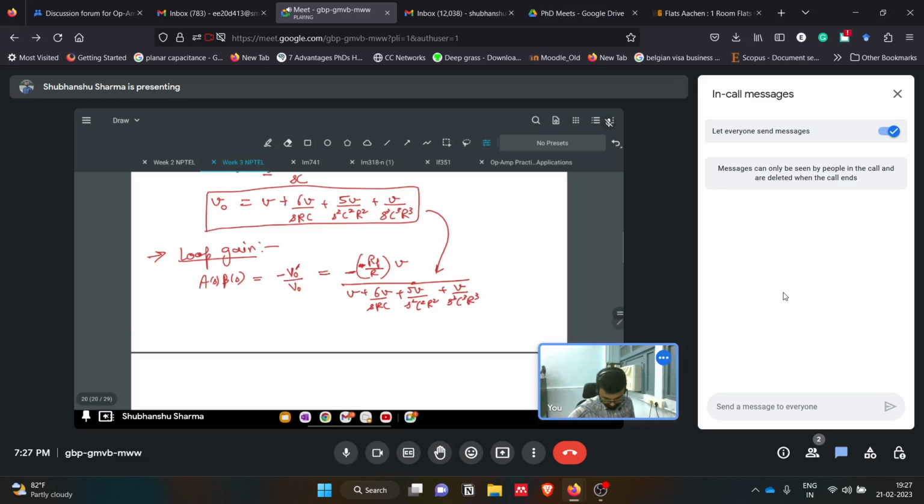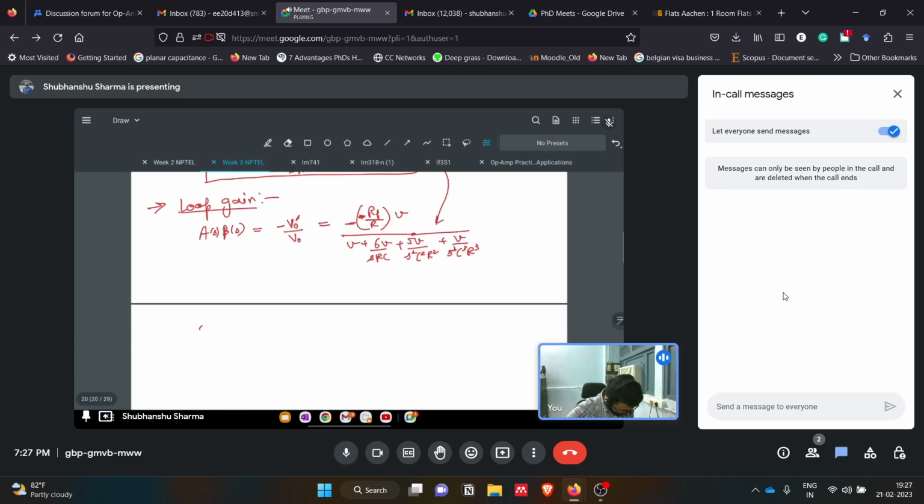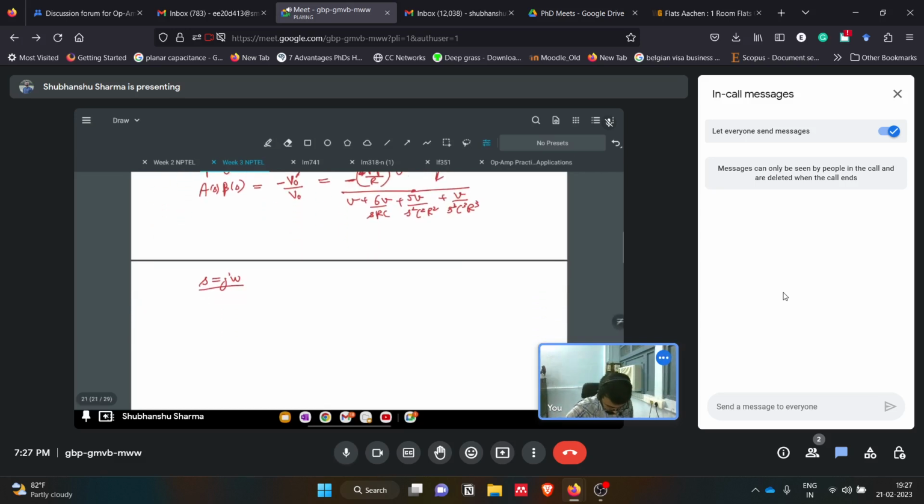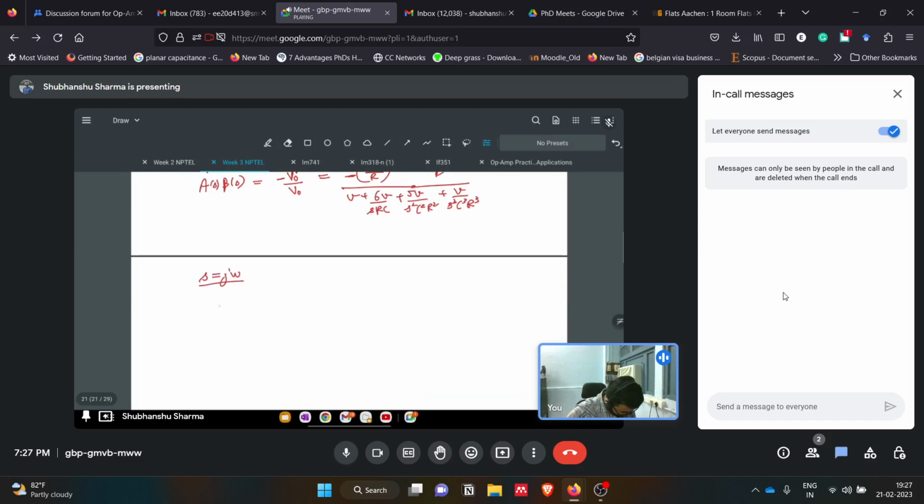Then if we substitute S equals j omega, finally we will get an expression A(j omega) beta(j omega) as minus j omega cube, Rf by R, 1 by C cube R cube minus 6 omega square by RC plus j 5 omega by C square R square minus omega cube.